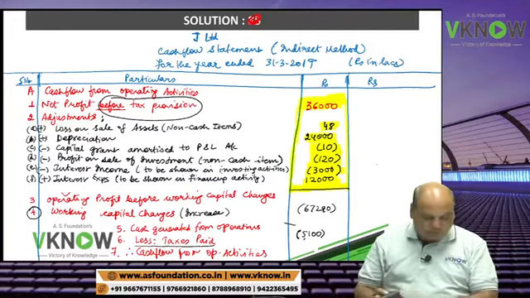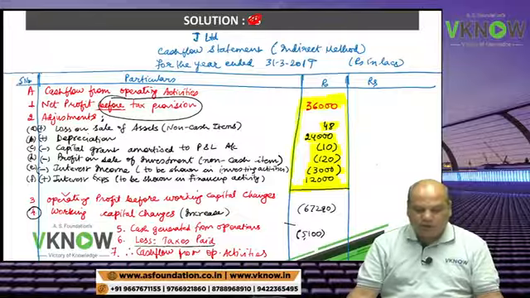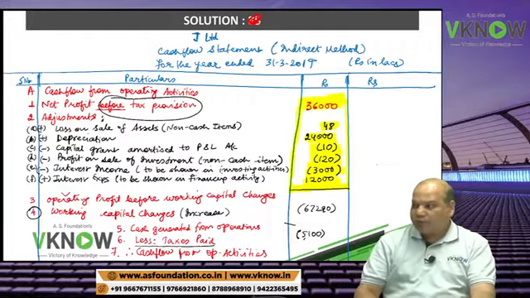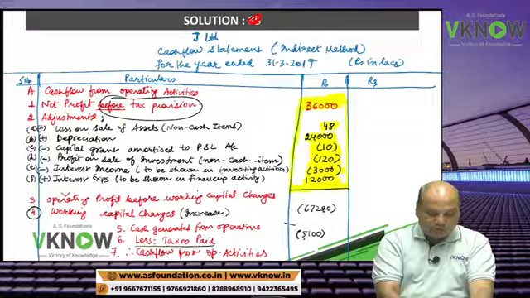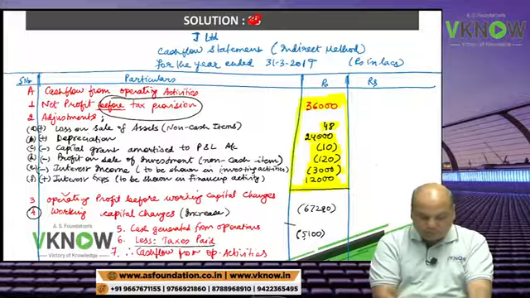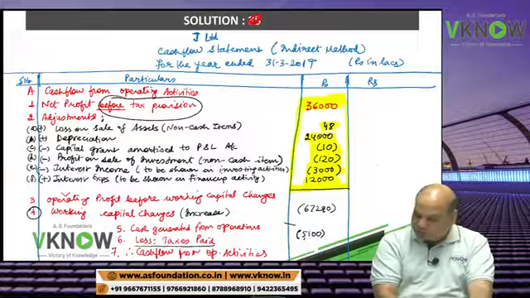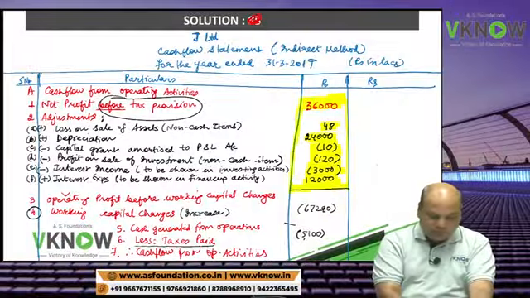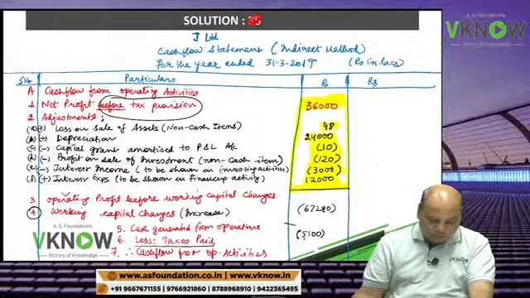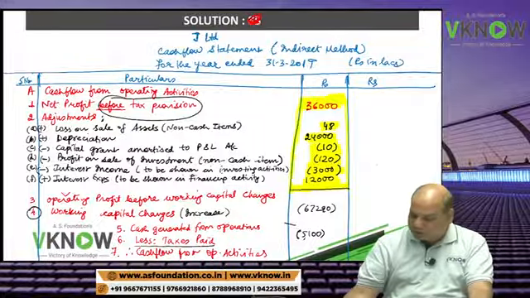So this will give you operating profit before working capital changes. Take 36,000 plus 48 plus 24,000 minus 10 minus 120 minus 3,000 and plus 12,000. So this comes to 68918.